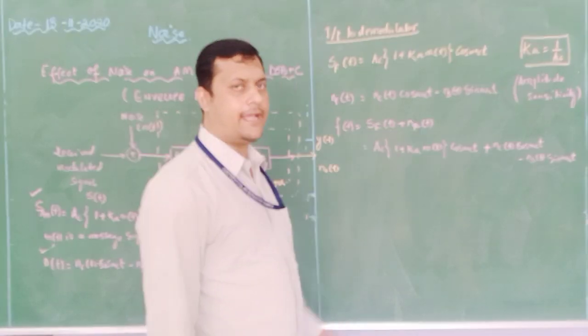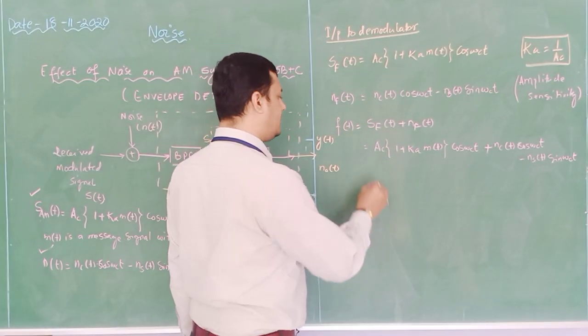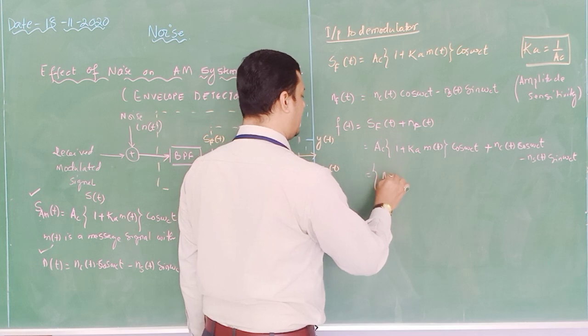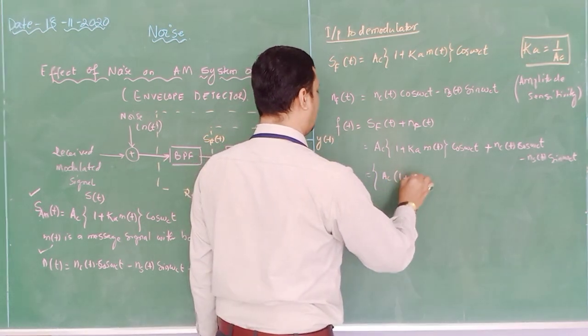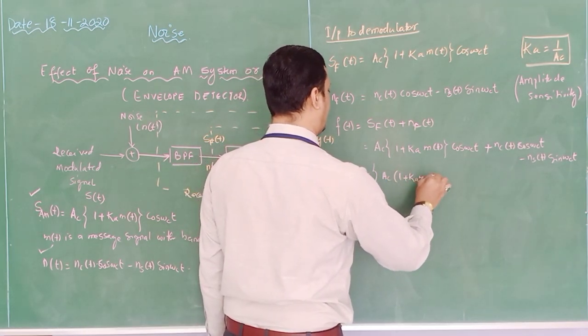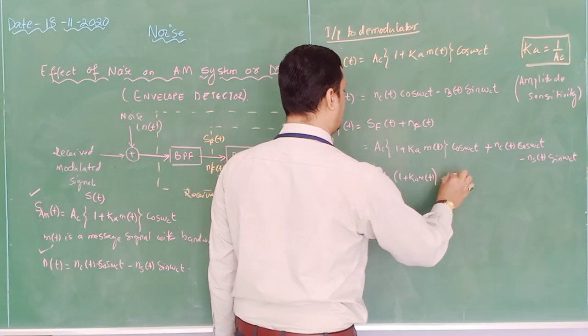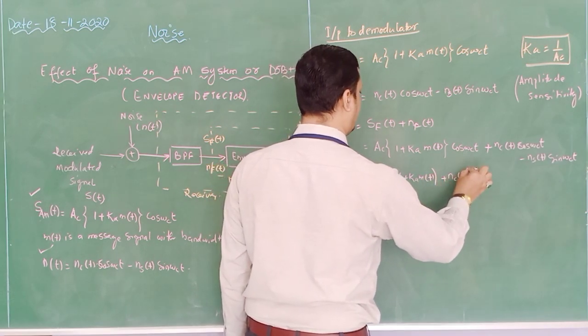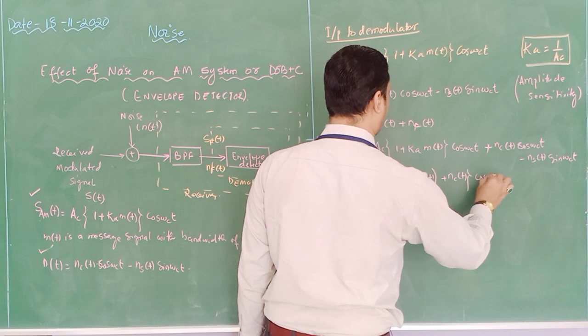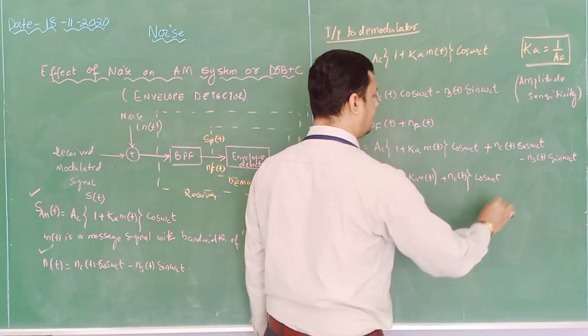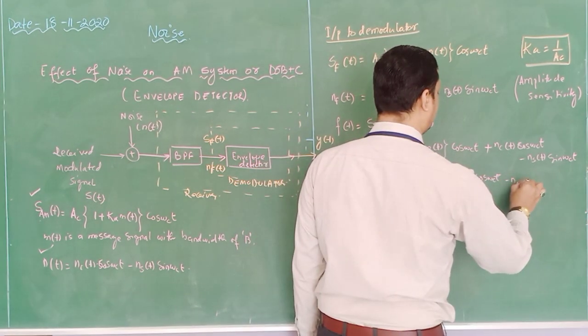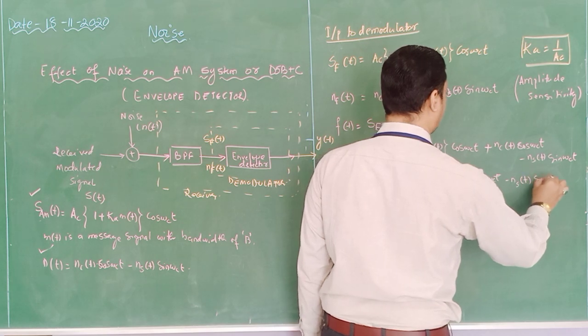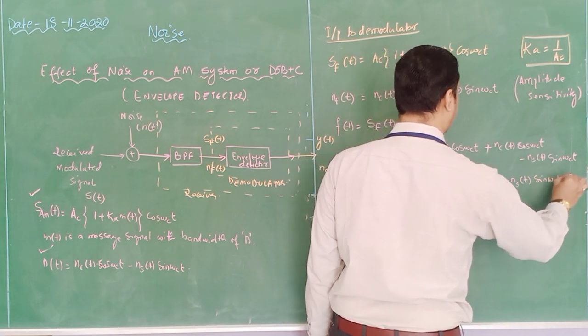Done. Now take the cos ωct component as common. So I will get [Ac(1 + Ka m(t)) + Nc(t)] cos ωct minus Ns(t) sin ωct.